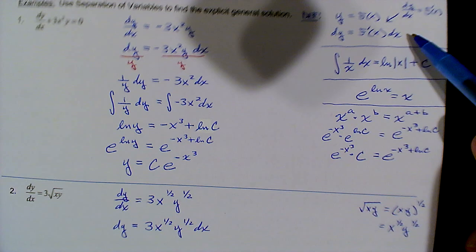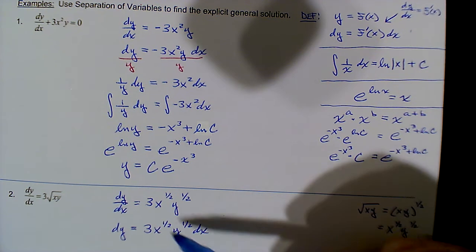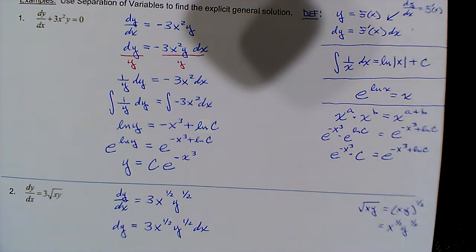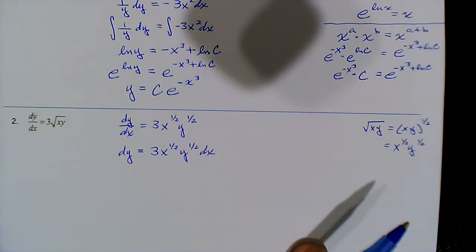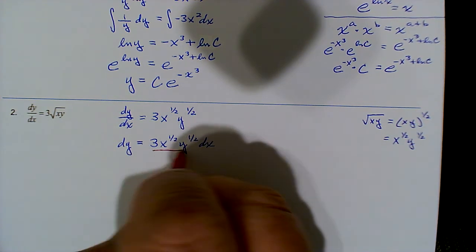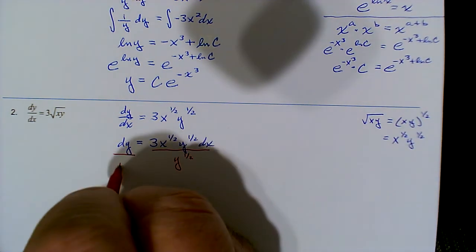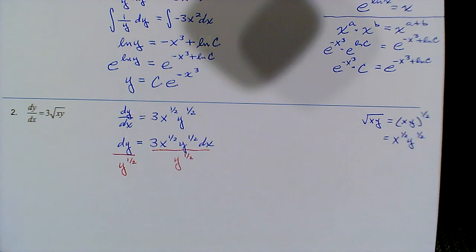And then at that point, to get the y's with the dy's and the x's with the dx's, we'll just divide both sides by y to the 1/2. And again, you could show it explicitly or do it mentally. So we have dy over y to the 1/2 equaling 3x to the 1/2 times dx.